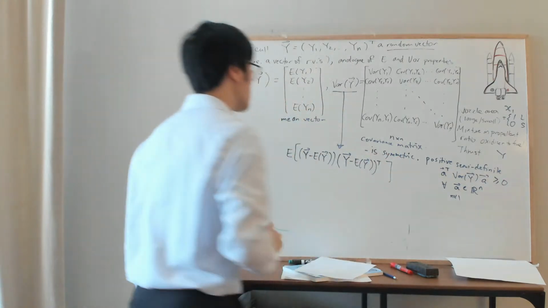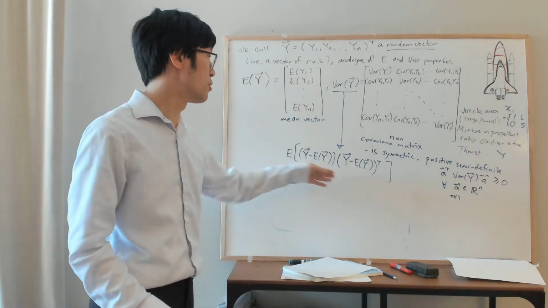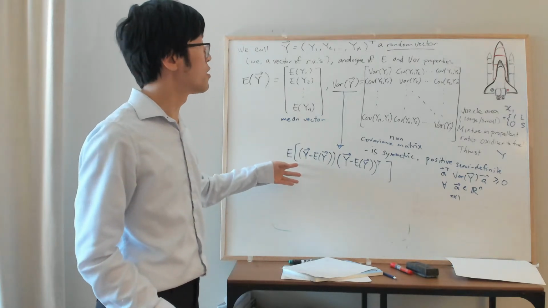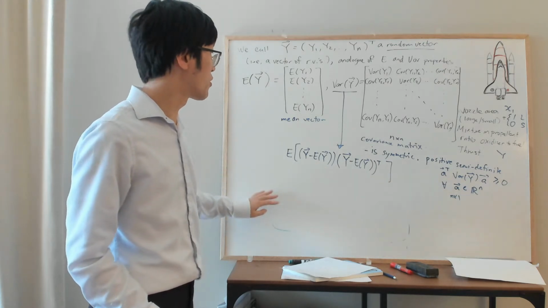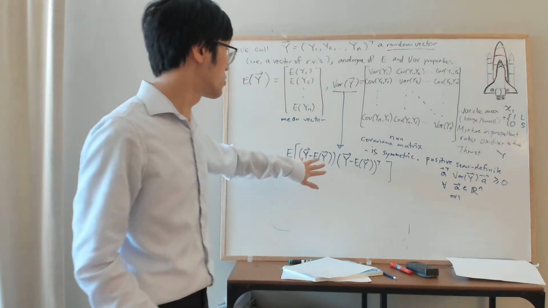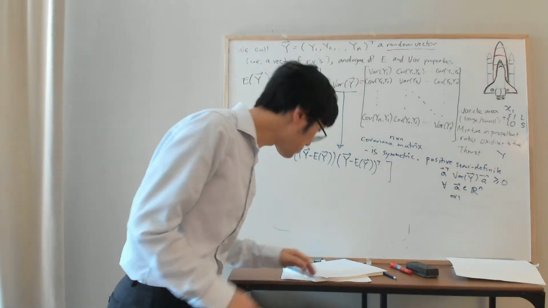This is the corresponding vector notation for the variance. You'll see this looks very much like the definition of variance for a random variable, y minus E of y, except we need to multiply the vector y minus E of y by its transpose.